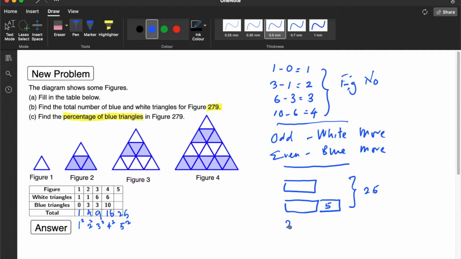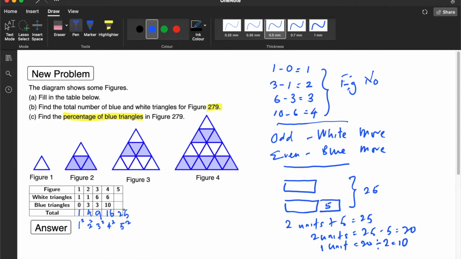So 2 units plus 5 is equal to 25. So 2 units will be equal to 25 minus 5, or 20. So obviously 1 unit will be equal to 20 divided by 2 to give us 10.